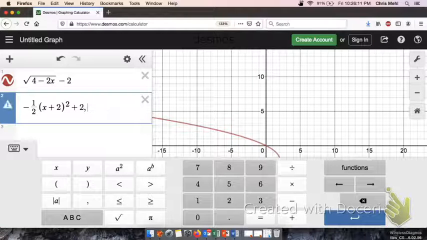Now, notice the inverse function is a quadratic, and typically a quadratic's domain would be all real numbers, but in this case, let me see if I remember how to do this.